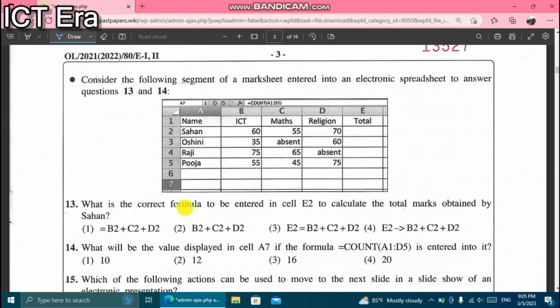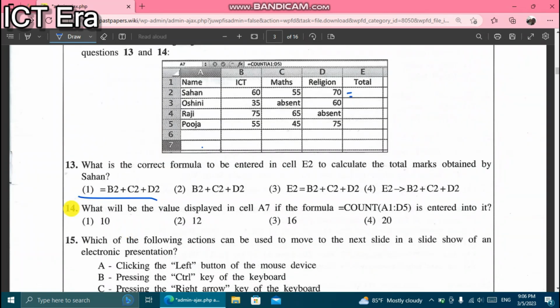The 13th question: what is the correct formula to be entered in cell E2 to calculate the total marks obtained by Sahan? What is the formula we have to enter? Equal B2 plus C2 plus D2. The first one is the answer. Then the 14th one: what will be the value displayed in cell A7 if the formula equal COUNT A1 to D5 is entered?